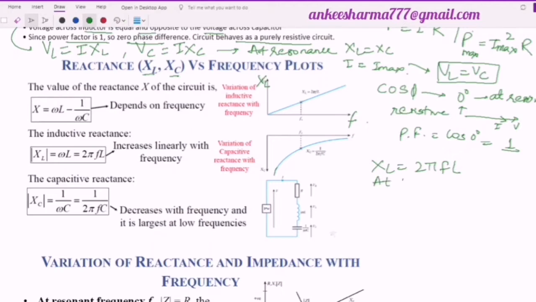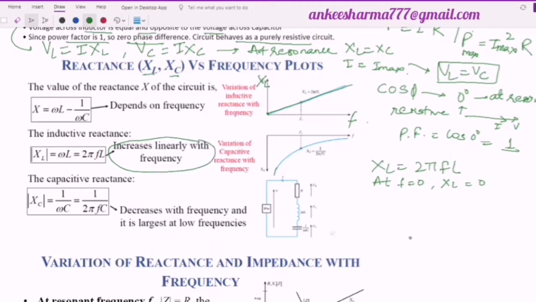Whereas at a higher frequency, it is proportional to the frequency, so its value must increase linearly because it is directly proportional to the frequency. So from here I can conclude that the reactance value increases linearly with the frequency.